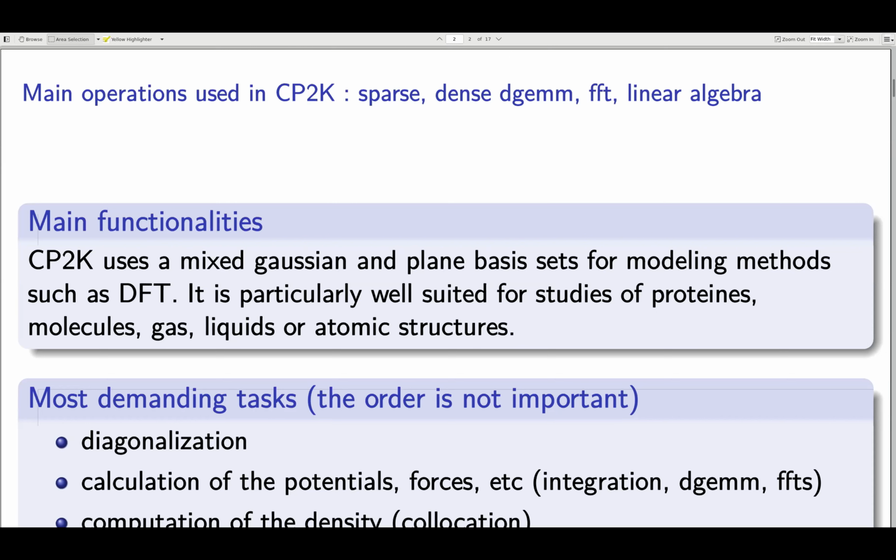It has been particularly tailored to work well for proteins, molecules, gas, and liquid or atomic structures. If you profile CP2K, what you will find is that the most demanding parts are diagonalization, calculation of potential, forces and energies, computation of the density through what we call the collocation method, and a bit less, parallel FFTs.